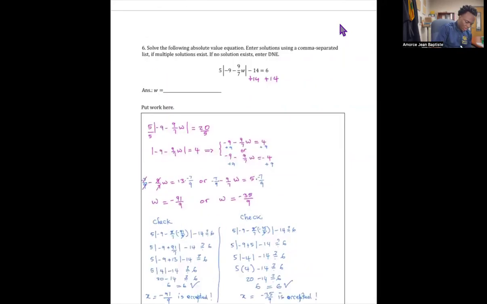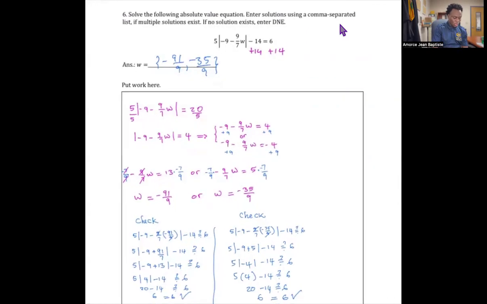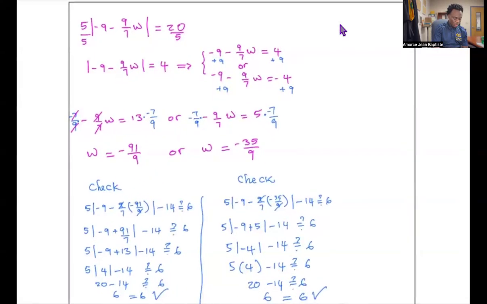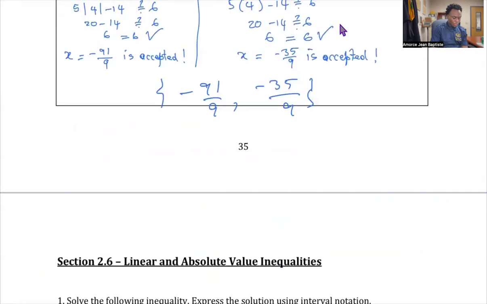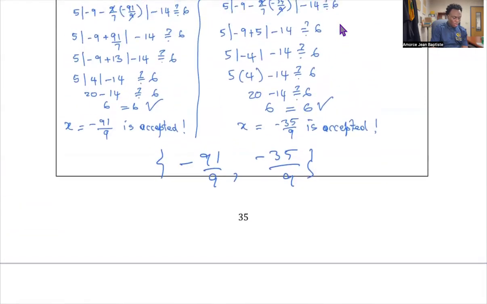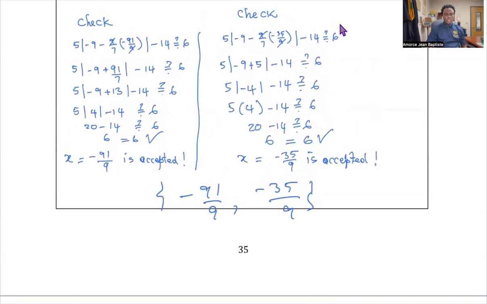I like to write them up here because they ask for the answer. So -91 over 9 and -35 over 9 are the two solutions of this equation. So that's it for module 2.5b.